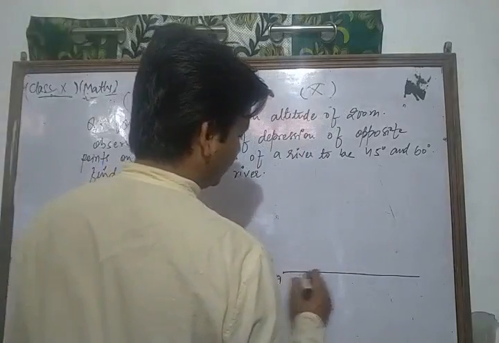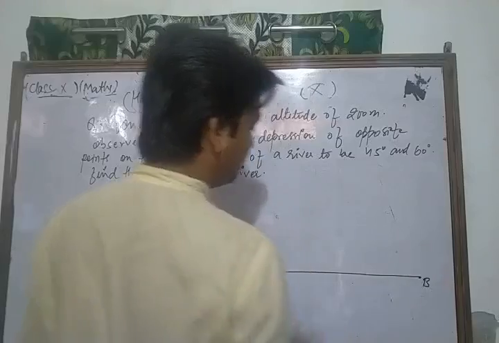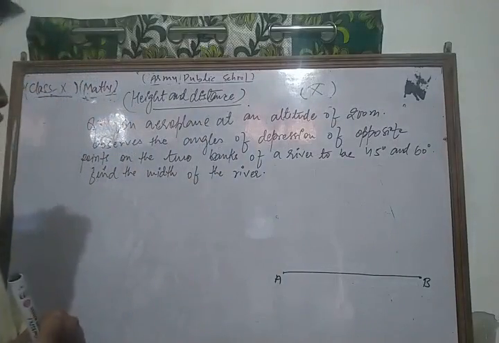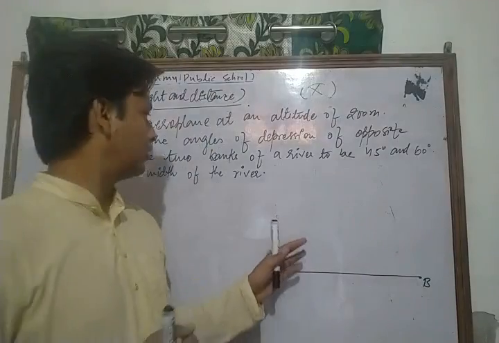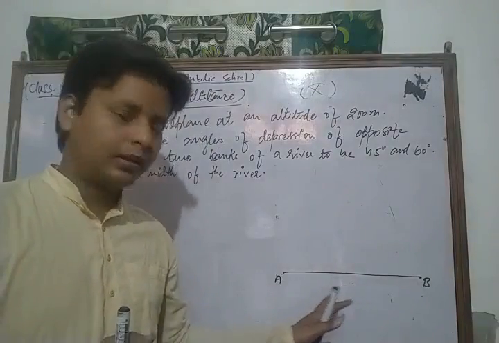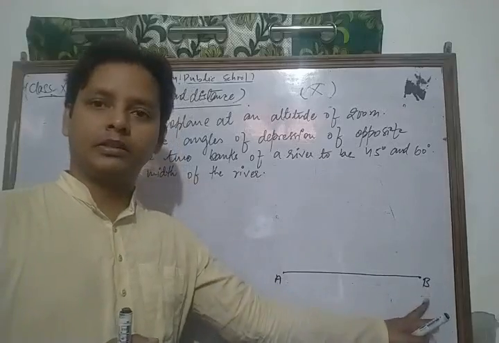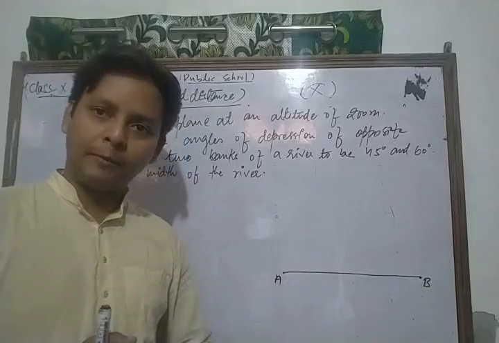So first of all, dear friends, this is the width of the river. A and B are two opposite points on the two banks of the river. This is one bank, this is another bank, and the width of the river is AB.